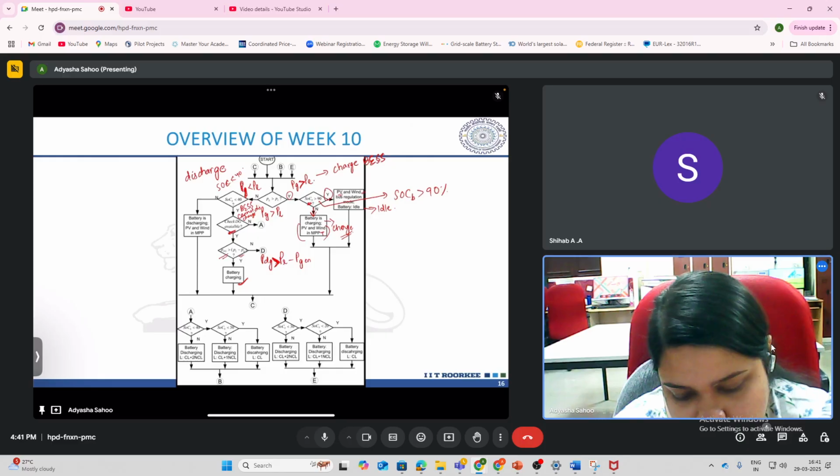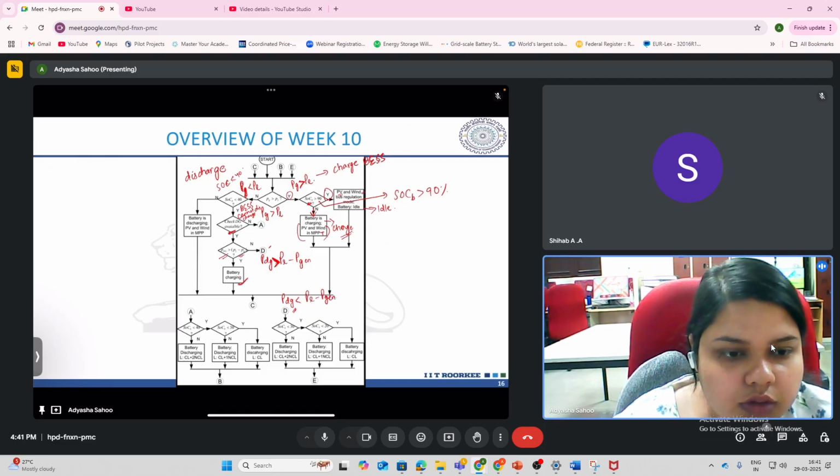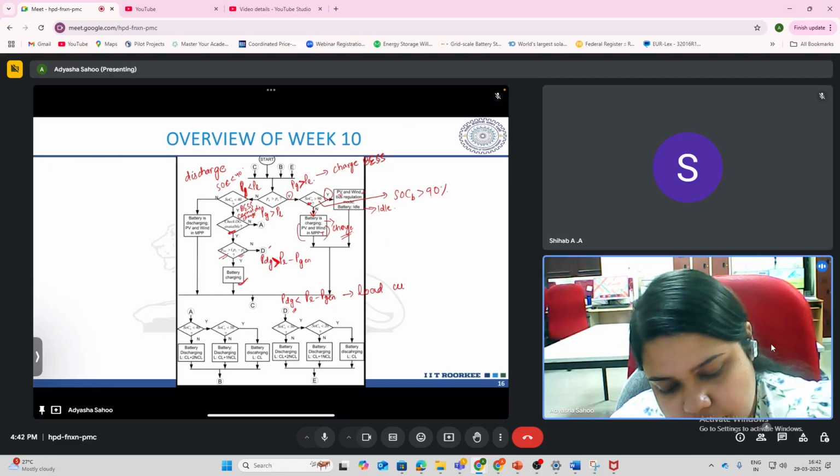If it is no, then we will see the algorithm D here. If PDG is less than PL minus PGen, it means you cannot supply all the loads. You have to go for load curtailment here. You do not have sufficient generation with you.